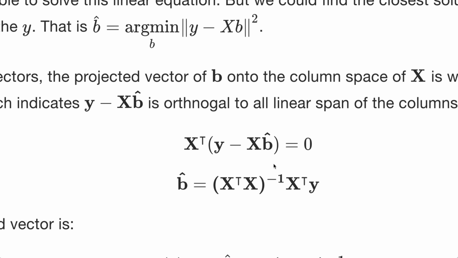So what we have here is X transpose times the bracket of y minus Xb should be 0. We simplify that, and we get b hat, which is the parameter we want to estimate, as X transpose X inverse X transpose y.